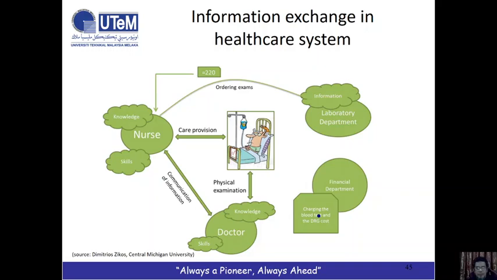Then in part 1 we also discussed the healthcare data type, what kind of format of data we can generate or collect from the main sources, for example from the laboratory.